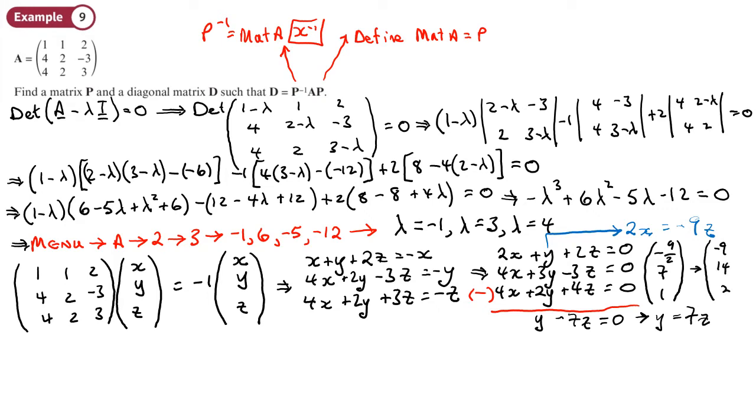14, 2. So what I'm going to do down here is write down the matrix P. So my first row is going to be that negative 9, 14, 2. Right, so all I'm going to do now is replace this number with the next eigenvalue, which is 3.